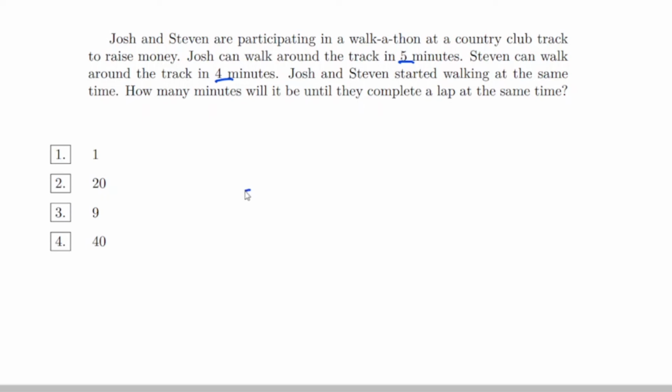So if we just look at Steven, he can complete his walk in 4 minutes, okay? And Josh can complete his walk in 5 minutes. So if we write out the times, this is for Josh.